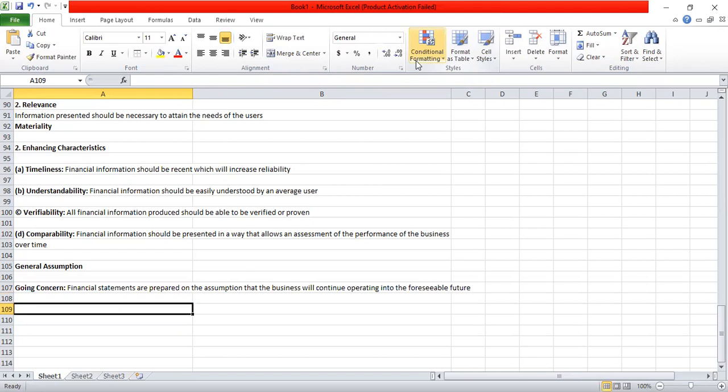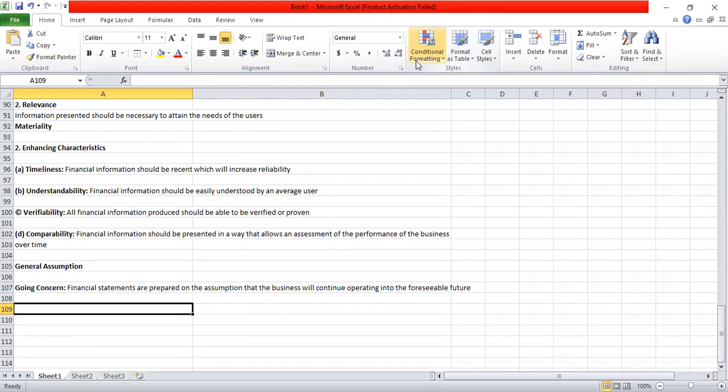That's the general assumption. So when you see financial statements, your assumption is that this business that you can see here will be there next year, will be there 2 years to come, 3 years to come, 4 years to come. Because if it's not a going concern, there will be other reporting requirements specifically for a business which is not a going concern.